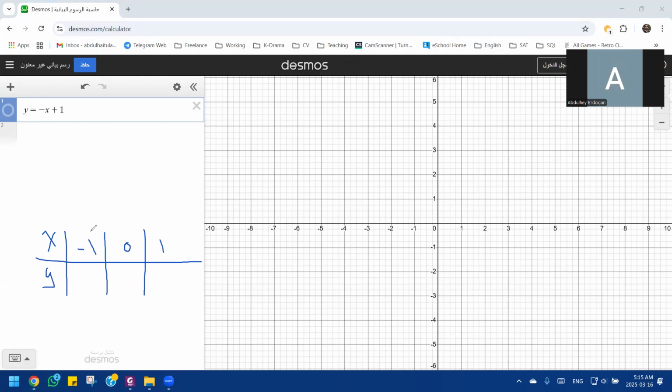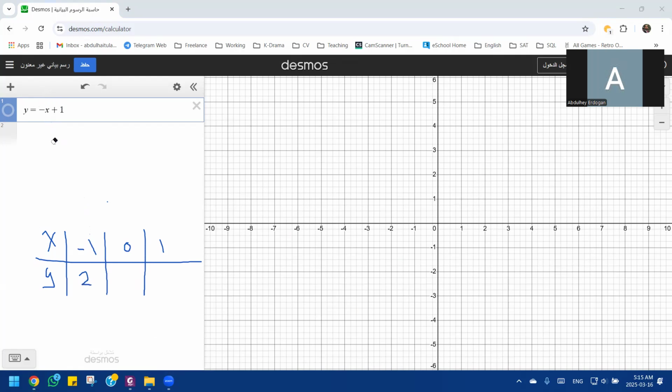Now, when x is minus 1, what does that mean? Means go to x and substitute by minus 1. Now x is minus 1, and before there is minus, so minus times minus is plus. So now I have plus 1 plus 1. 1 plus 1 is 2.